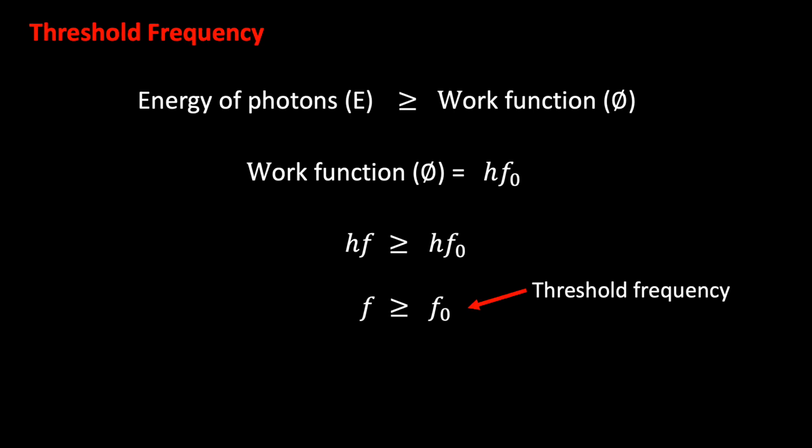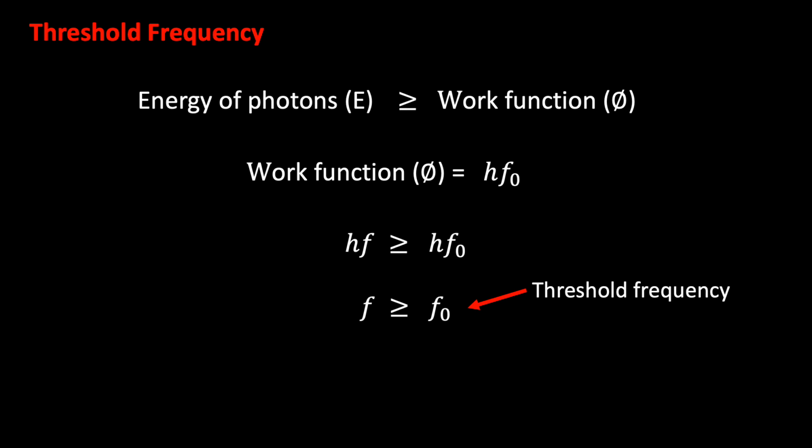Let's understand the term threshold frequency. All the time in this explanation we talked about a particular frequency that should be exceeded by photons in order for the photoelectric effect to happen. This frequency is called the threshold frequency. The energy of photons should be greater than or equal to the work function in order to produce photoelectric emission. The work function can be given as Planck's constant times f naught.